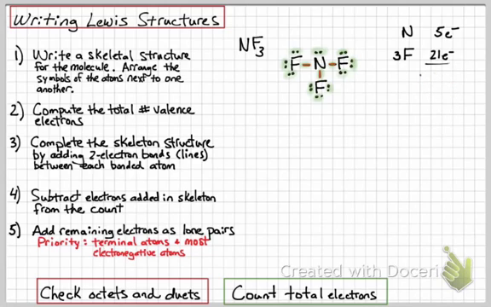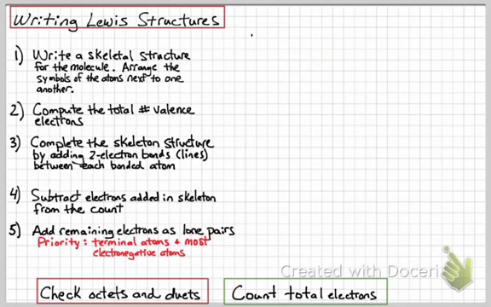Okay, so let's go to one more example. Now before we can do this example, the hydrogen cyanide molecule, we have to define the different types of bonds. For now, we're going to categorize bonds according to three types.